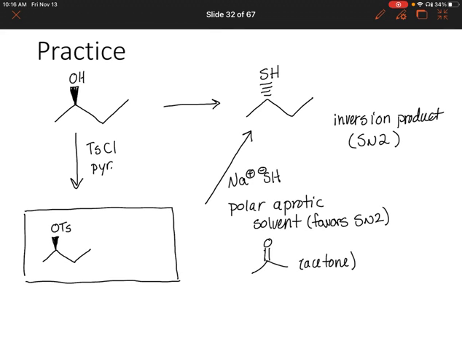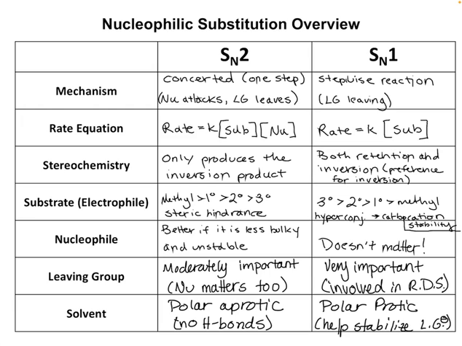All right, so I think we'll end there. And you probably have all the information you need in order to work on the homework assignment where you try to figure out whether a reaction is SN1 or SN2. So that homework assignment is the substitution activity assignment.